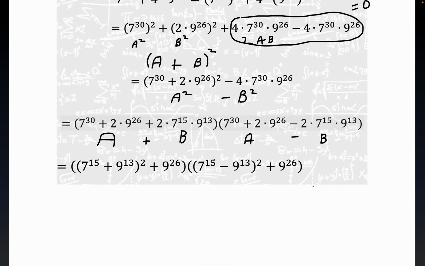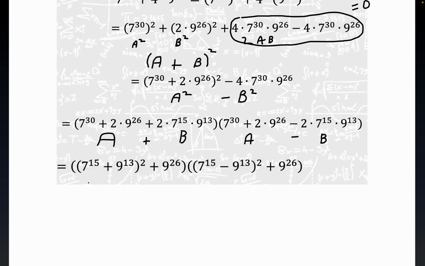If you take a look right here, notice that if you think of this as a plus b squared, a squared would give you this 7 to the 30th, right? And then b squared would give you the 9 to the 13th, or excuse me, your 2ab would be this part right here. Your 2ab would be this part in this expansion of a plus b squared.